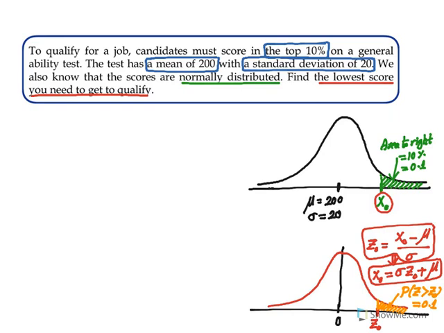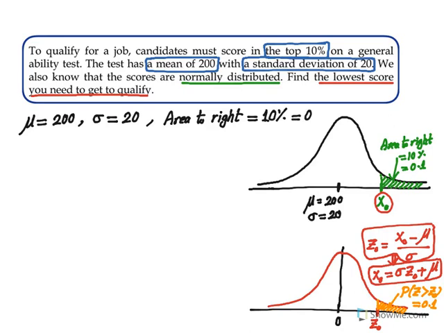Here mu is given to be 200, the standard deviation is 20, and the area to the right of the data value is 10%, which is 0.1. So we are given that the probability that z is bigger than z0 is 0.1, and we need to find z0.